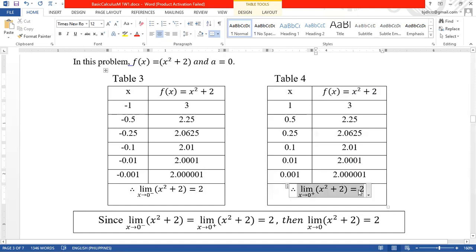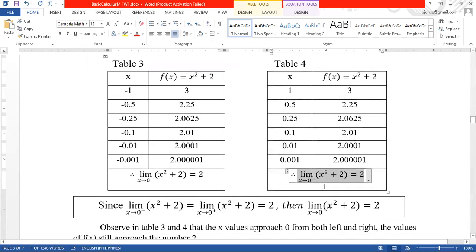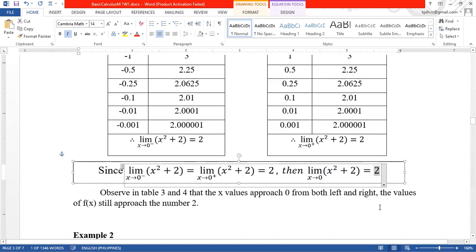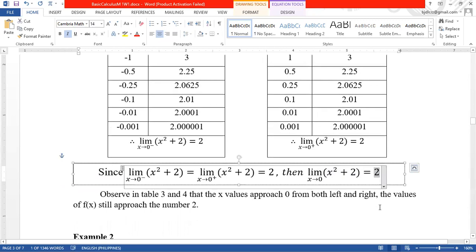is equal to 2. Since we saw that the two are equal, since the limit of x squared plus 2 as x approaches 0 from the left is equal to the limit of x squared plus 2 as x approaches 0 from the right, both equal to 2, then the limit of x squared plus 2 as x approaches 0 is equal to 2.